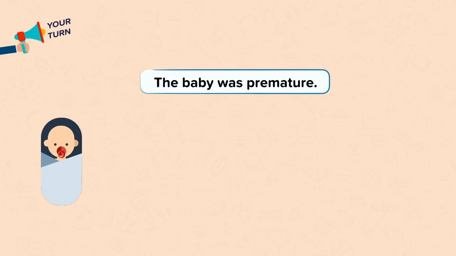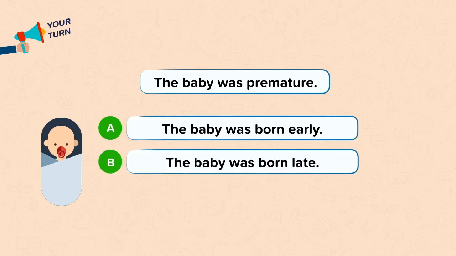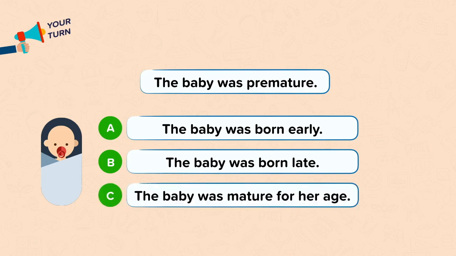Now we've got a sentence here. The baby was premature. Now, does this mean that the baby was born early, the baby was born late, or the baby was mature for her age? 10 seconds to have a think. Remember, think about the prefix.